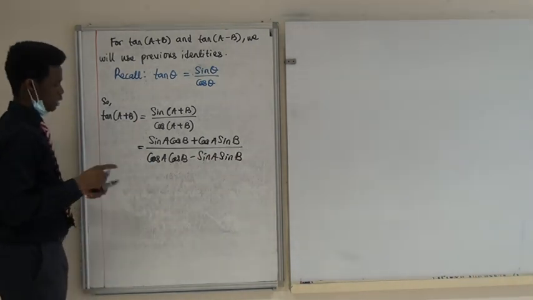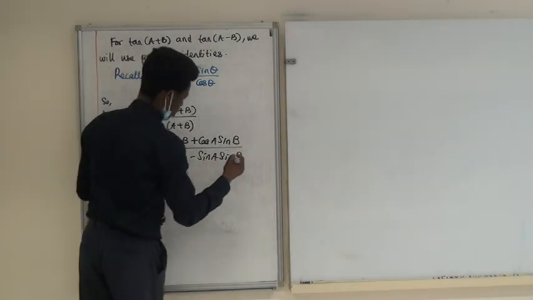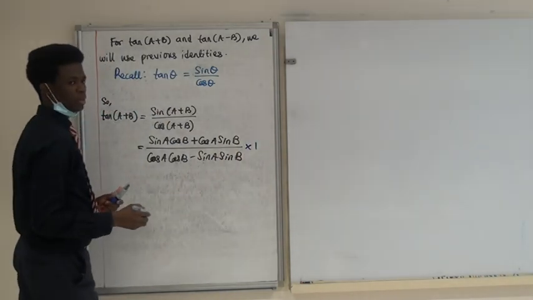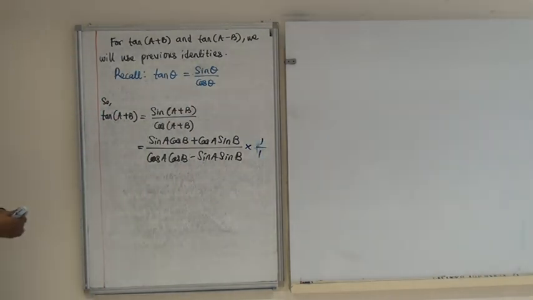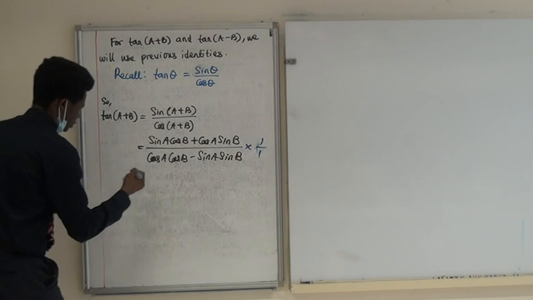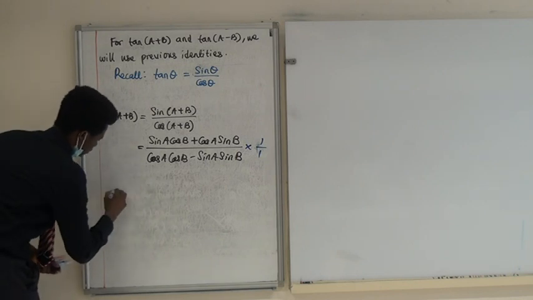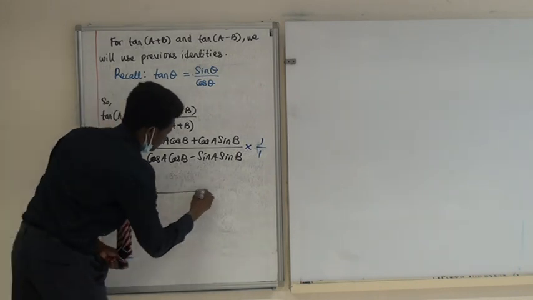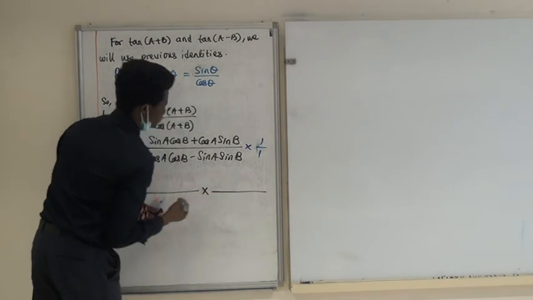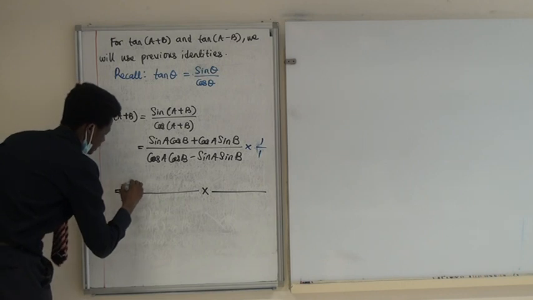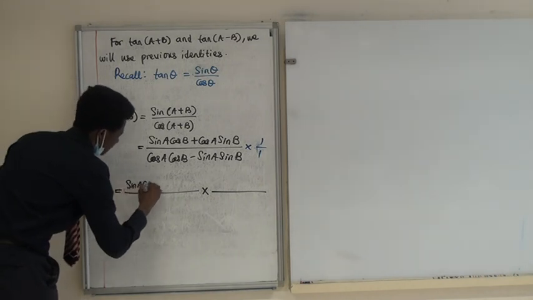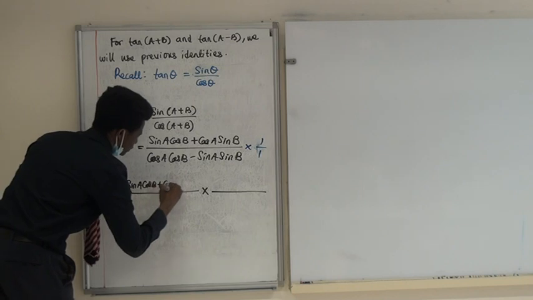You agree with me that nothing changes if I multiply by 1? Yes. Nothing, or 1 over 1. Yes. Okay? So as long as I multiply by the same thing over the same thing, nothing changes. So I'm going to do this because I need some space there. So I'm going to multiply what I have.